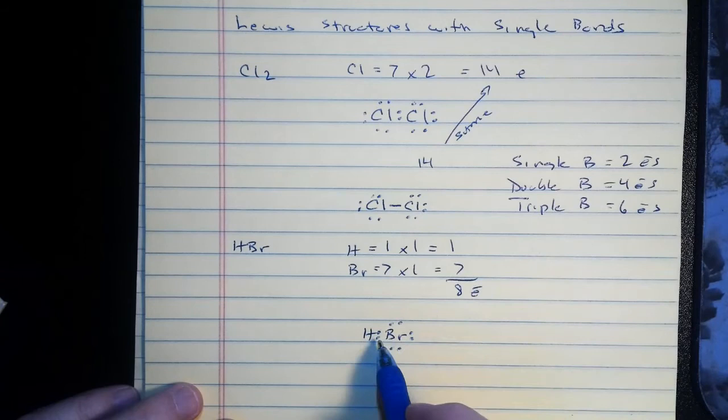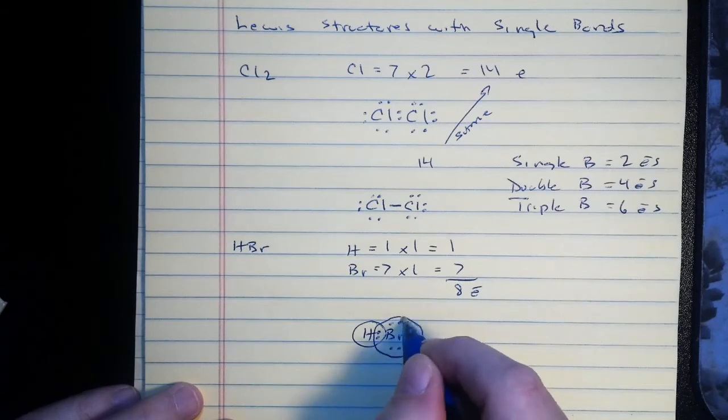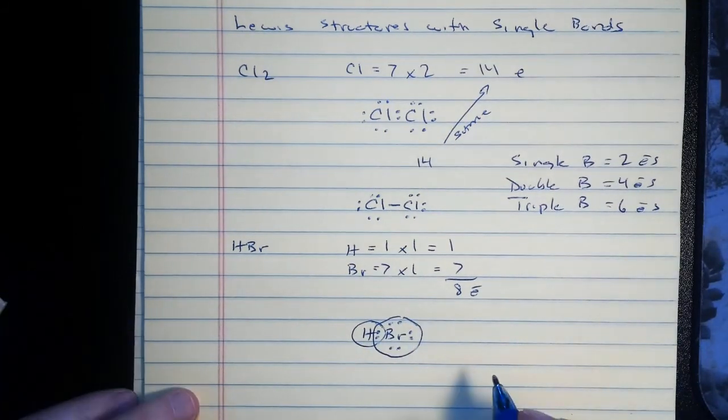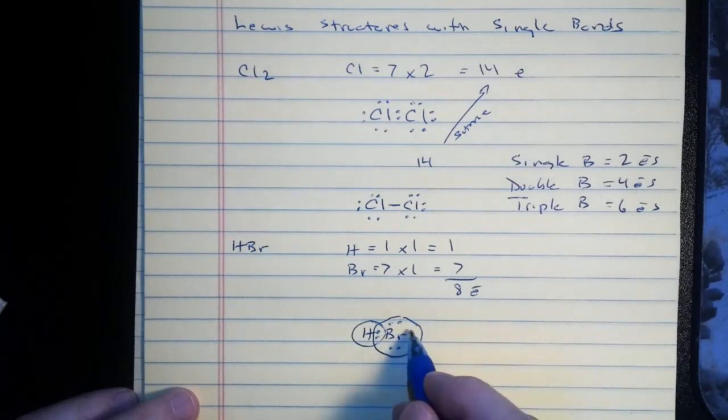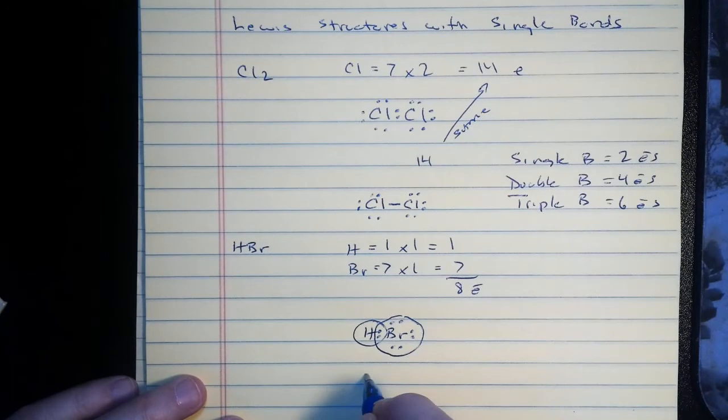Hydrogen here has 2 electrons, while bromine has 8, so they're both satisfied. But you don't draw the circles on every single one. Some students keep drawing the circles, and I understand it's just to show you.